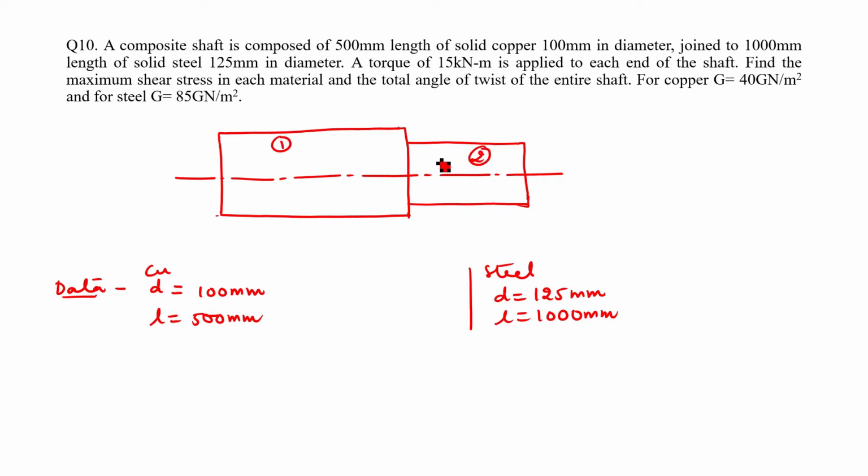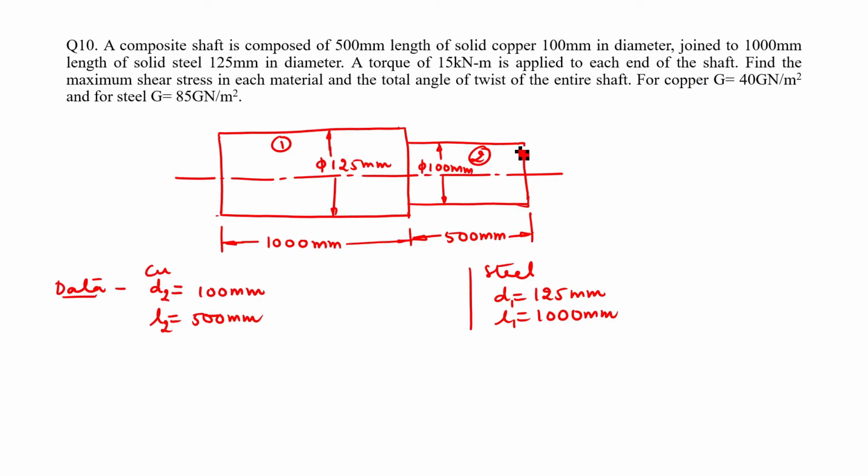The second one has diameter of 100 mm and the length is 500 mm. Let me call this D2, L2. This is D1, L1. A torque of 15 kilonewton meter is applied to each end of the shaft.